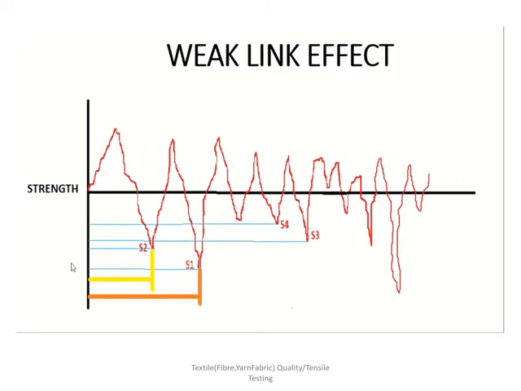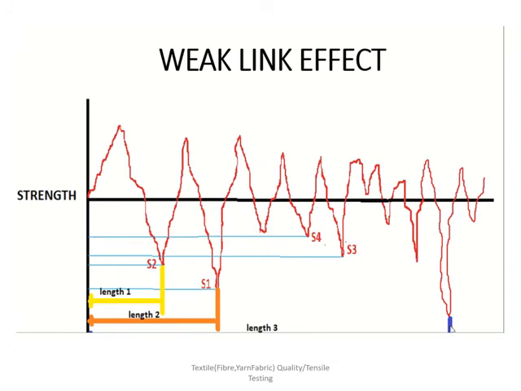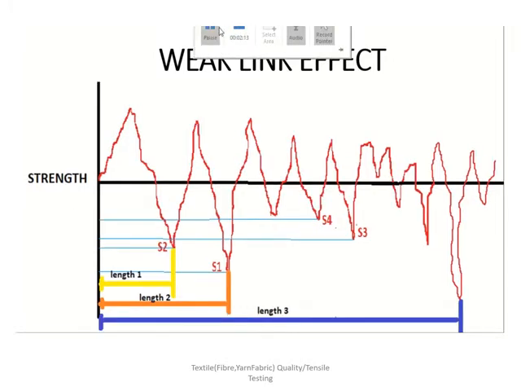If you take a longer length of yarn, the orange color line, then it will break at S1. Then if you further increase the length of the yarn, say if you take a length L3, then the yarn will break at the blue color point here. I have not labeled it as S1, S2, or S3. It will have a still lower value.